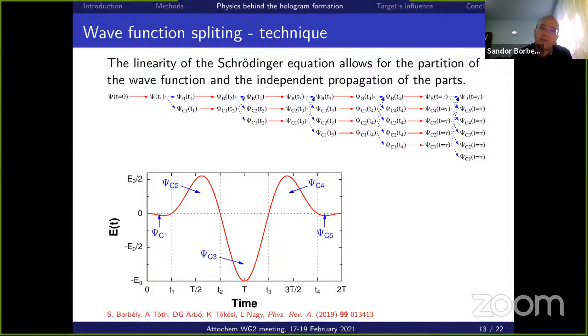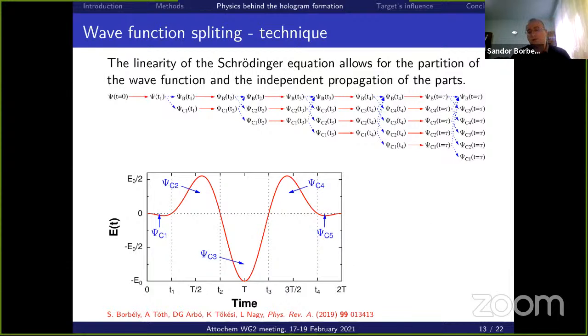And we have continued this procedure until the end of the laser pulse, where we ended up with 1 bound wave packet and several continuum wave packets, but to each wave packet we could assign an approximative birth time. Basically, we know that the C1 wave packet was created during the first peak, the C2 during the second peak, and so on.